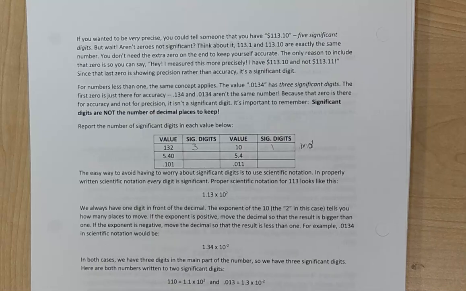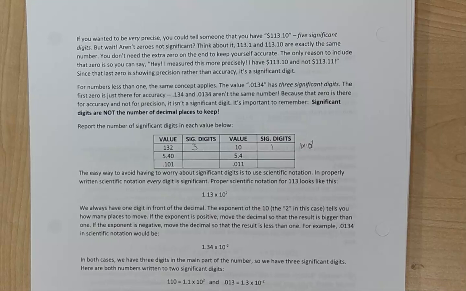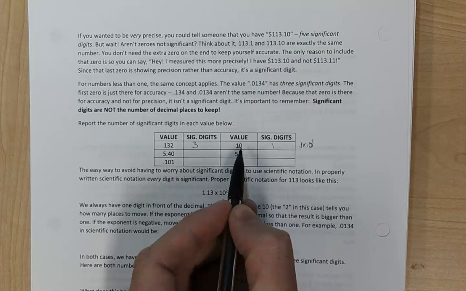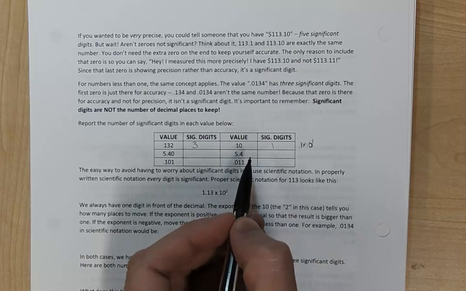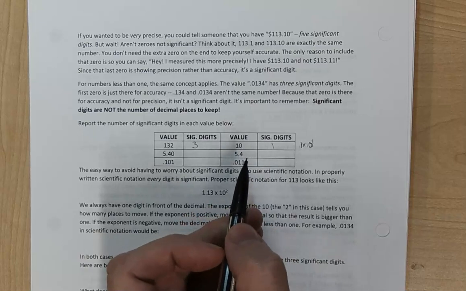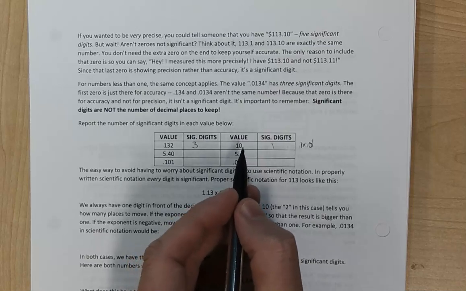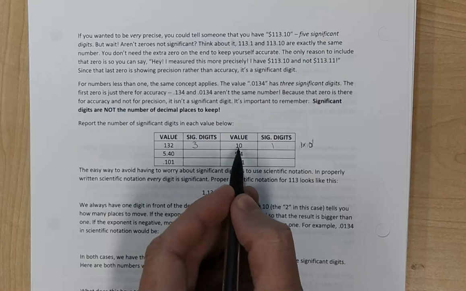The 0 wasn't significant. And like I was hinting at a second ago, what does it mean to say it only has 1 significant digit? What it means is that you measured 10, but maybe it's 11. Maybe it's 9. Maybe it's 9.5. Maybe it's 10.5. The first digit is the one you're sure about.